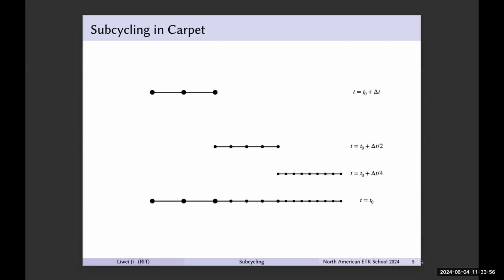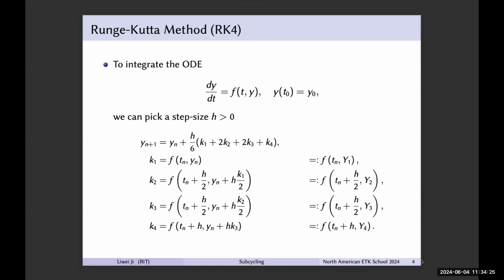To be more specific, if you want to evolve the first time step of the finest level, as we said in the previous slide, we are using RK4. So we need to prepare basically 4 sub-steps before we can get to the next time step. Let's go back to RK4.